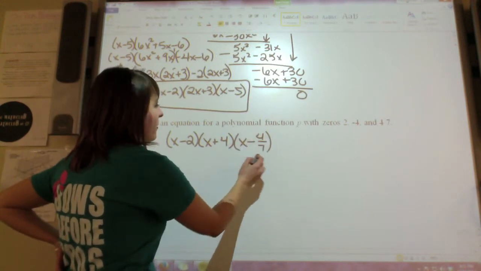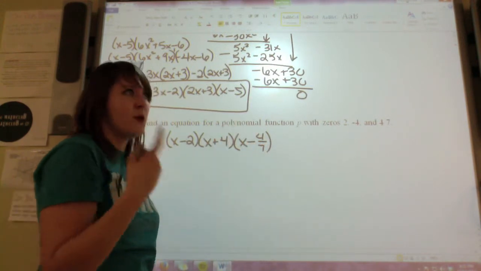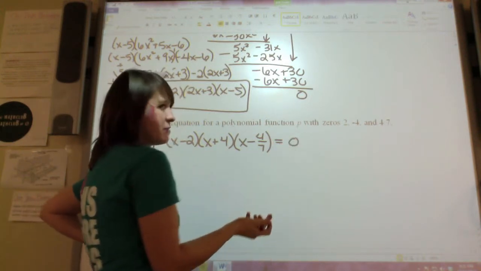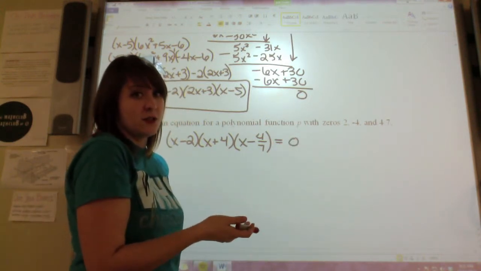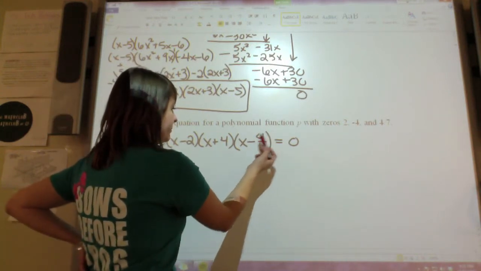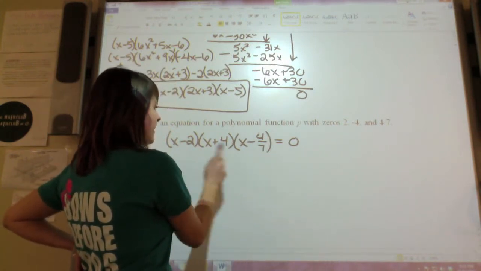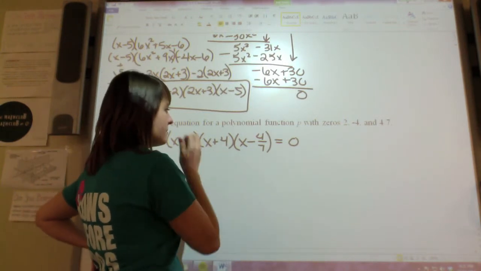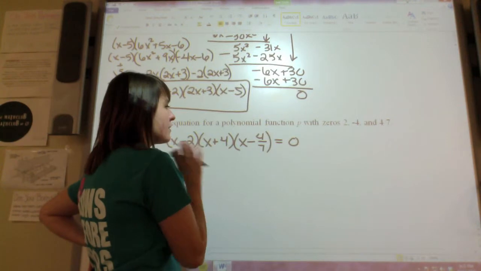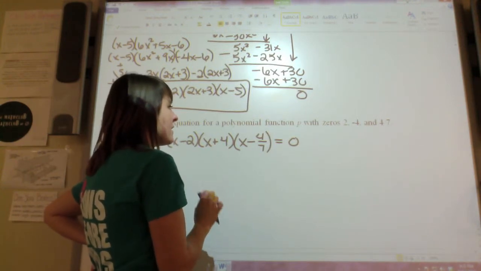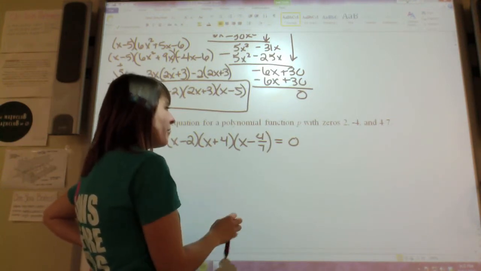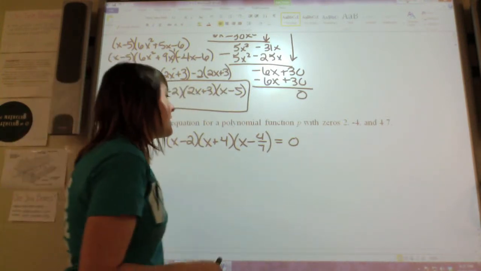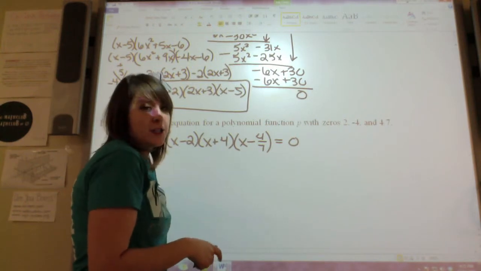So if I think about this using my zero product property, I know that if this is all equal to 0, which is what it is since these are all zeros, then this would become x minus 2 equals 0, this would be x plus 4 equals 0, and this would be x minus 4/7 equals 0. So I want to think about something else that I could have that when I solve it, I would get a root of 4/7, but it doesn't have fractions in it.